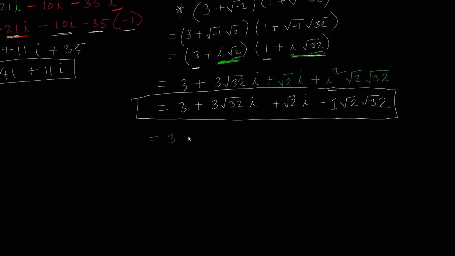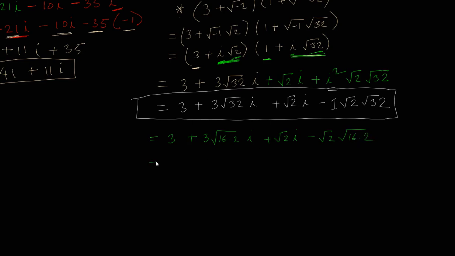So 3 plus 3 square root of 32, I can write as 16 multiplied by 2, so 16 multiplied by 2 i, plus square root of 2 i, and I can write the square root of 32 again as 16 multiplied by 2.